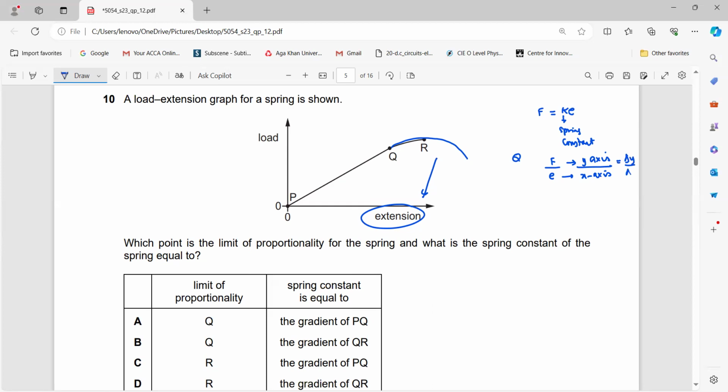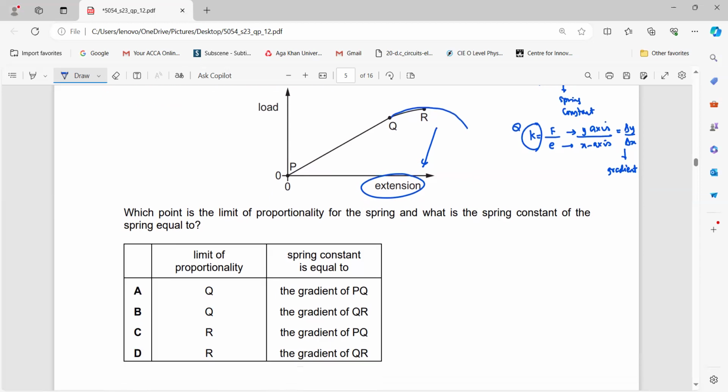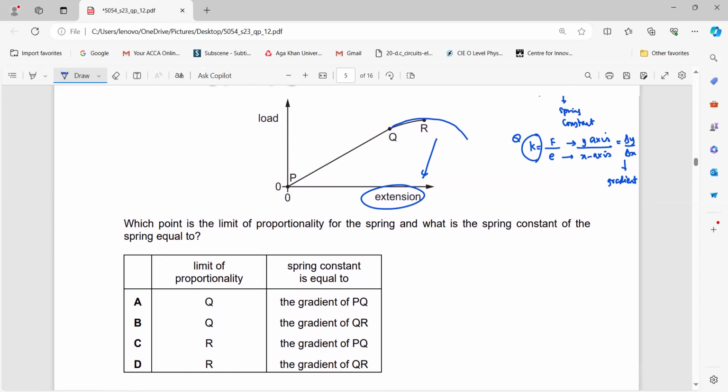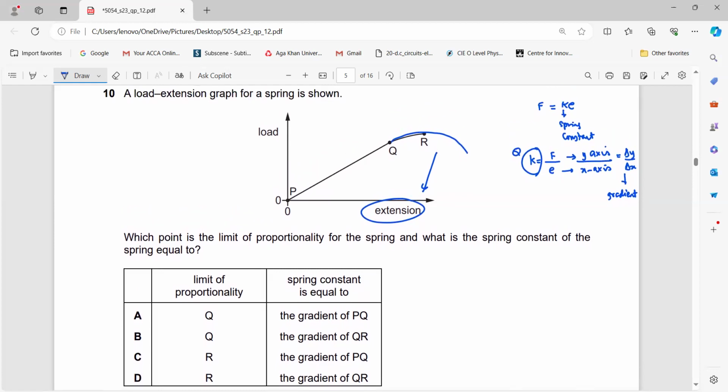Change in y upon change in x is actually the gradient, right? So the spring constant is going to be the gradient of the curve from P to Q, because from Q to R, Hooke's law no longer applies. So the limit of proportionality is Q, and the gradient of PQ is going to be the spring constant.